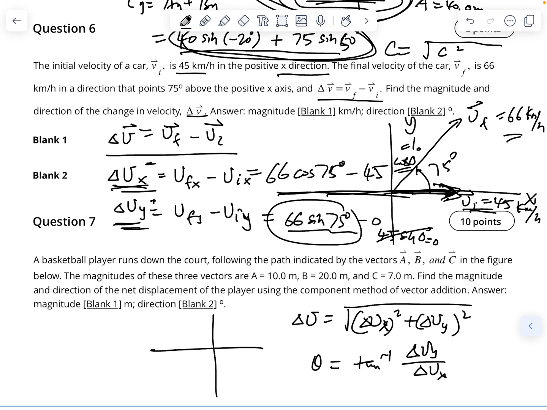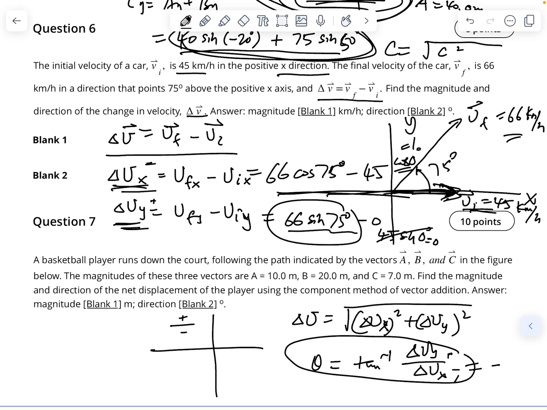So delta vy is positive, delta vx negative, right? So this will be a second quadrant angle. Okay, so when you do the inverse tangent, the top is positive, the bottom is negative, so you get a negative angle. Then you look at this diagram, and you can tell this is in the second quadrant.